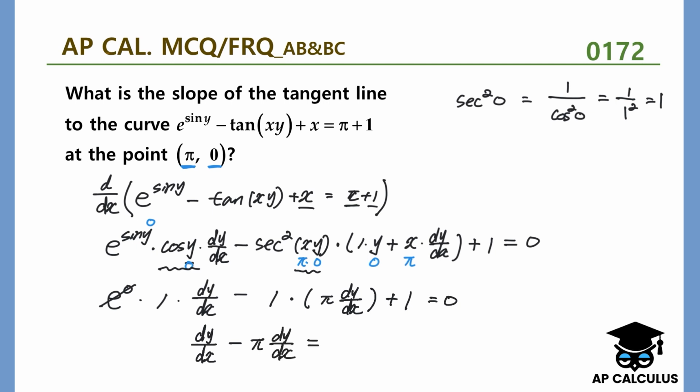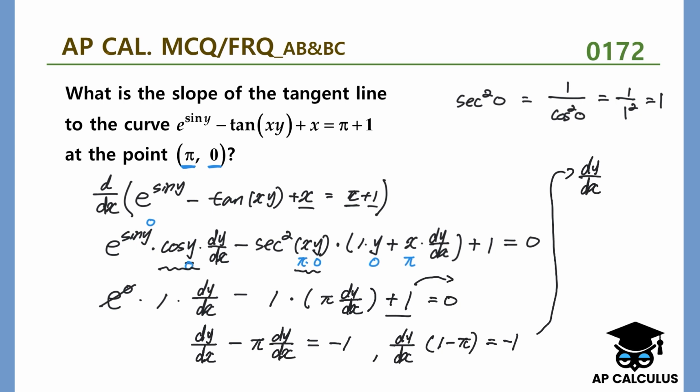Let's say this is equal to, I'm going to move this term to the right hand side, so that's going to be negative 1. So we're going to factor dy dx. That's going to be (1 minus pi) is equal to negative 1. So dy over dx is equal to negative 1 over 1 minus pi.